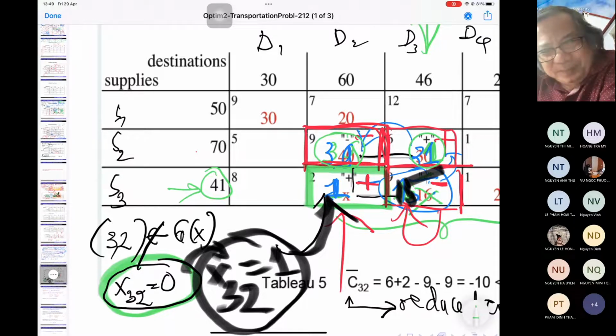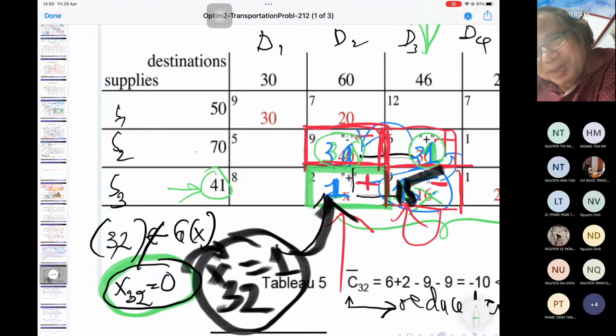Hey, you don't know? If you change this, then the cost will be changing. Is that okay?